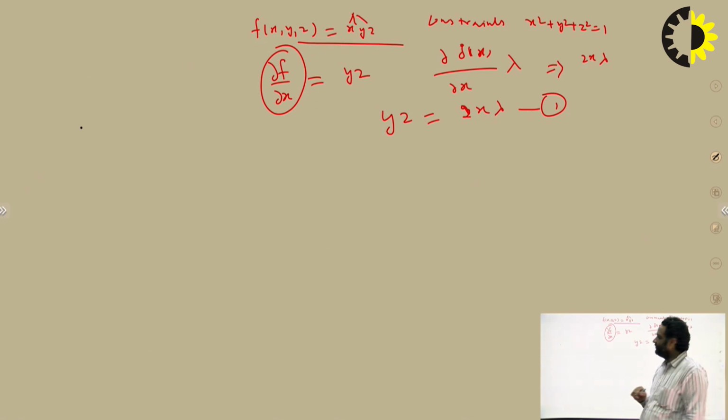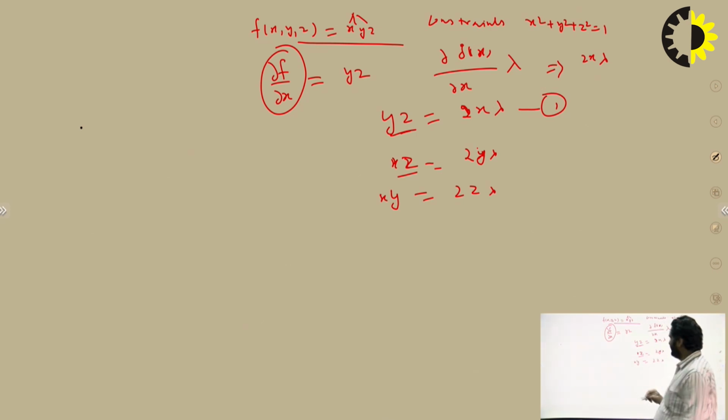And in the same way, we are able to find xz equal to 2y lambda, and in the same way xy equal to 2z lambda.